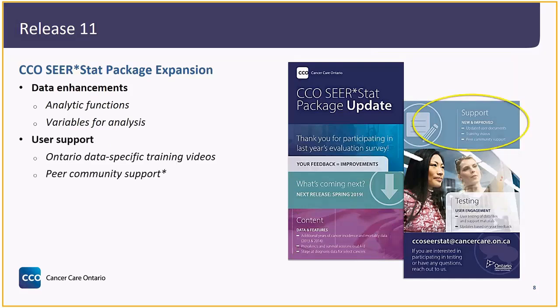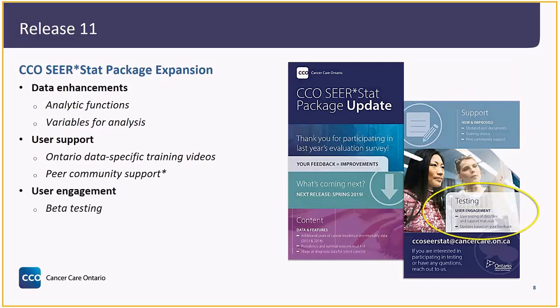We also wanted to improve our user support by creating our own training videos with Ontario data-specific examples in order to meet users' needs for self-directed learning. The next step to augment the user support we're providing is to look into peer community support, and I've added an asterisk to this as this is something we're planning on rolling out following the release, hopefully sometime early next year.